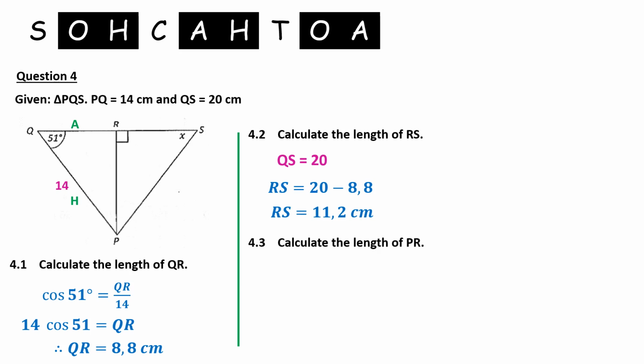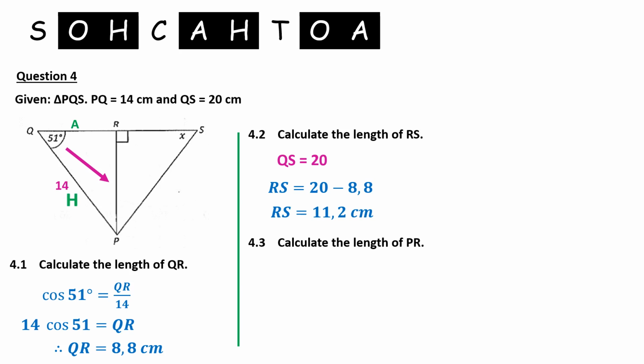Question 4.3 asks us to calculate the length of PR. Okay, now the only triangle with an angle in it is the triangle on the left-hand side, triangle QRP. So I want to use that 51. So if I want to use that 51 degrees, PR will be the opposite side. Okay, so if I've got opposite and I want to use the information that was given to me, I'm going to use the hypotenuse.